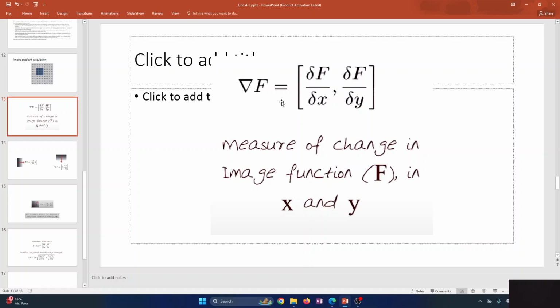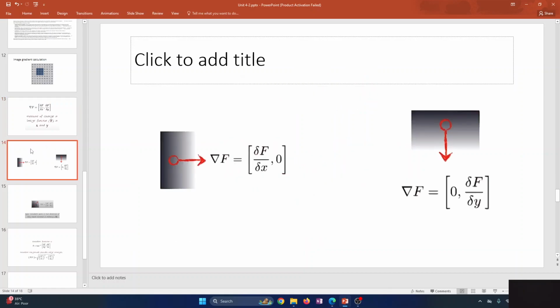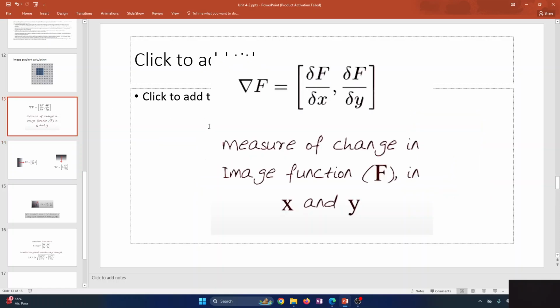Now this is your formula. Gradient is a very simple thing that you know. I already told you earlier that it is a change in intensity values, a gradual change. That's how we can also detect edges, as we discussed: we take the first derivative, the second derivative. Likewise, you can detect the edge, right?